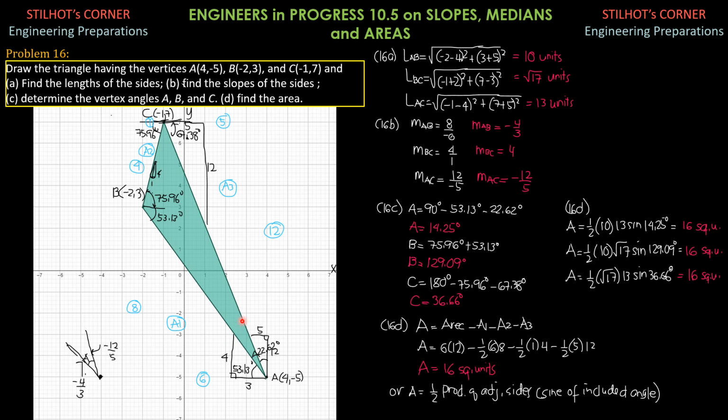Tangent of the angle is slope of the terminal side minus the slope of the initial side, all over 1 plus the product of the slopes. But that is only capable of computing an acute angle.